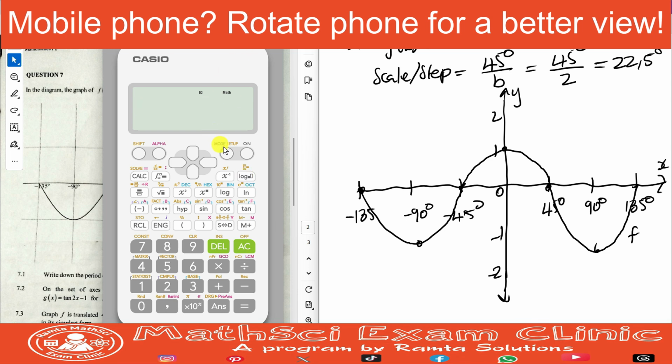On your calculator, you go to mode. If you're using Casio, you go to mode. Those that are using Sharp, I think you also know. You go to mode, option 7. Then you say tan 2 alpha x, then close bracket, okay?